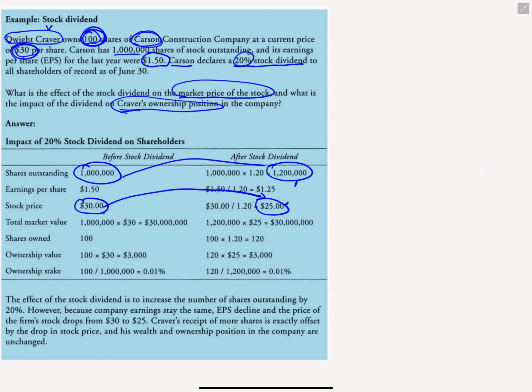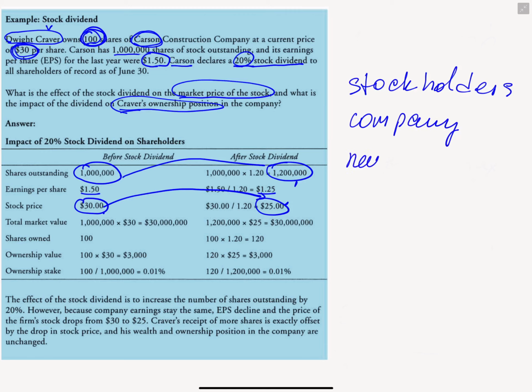As a side effect, earning per share decreased, but it's not really a side effect. It's an effect, but it doesn't directly affect stockholders, and the company is neutral.